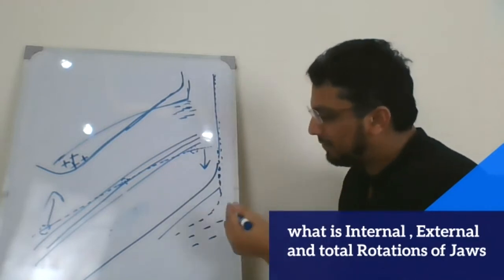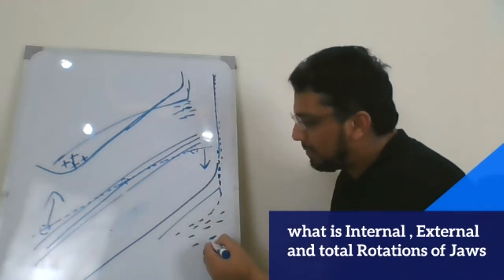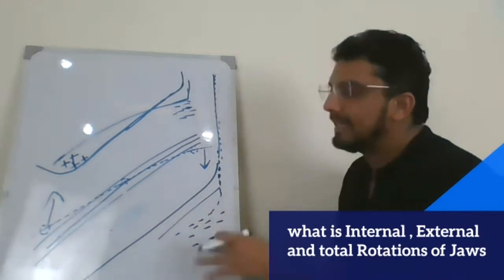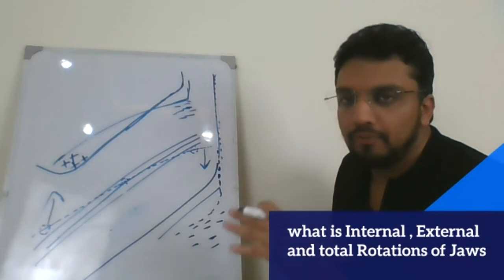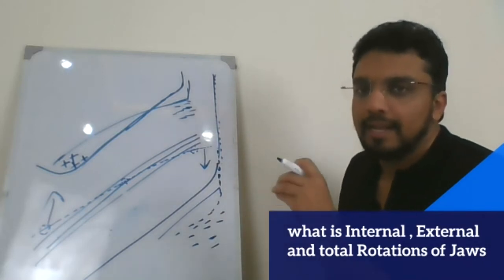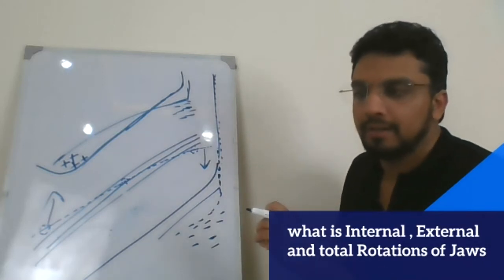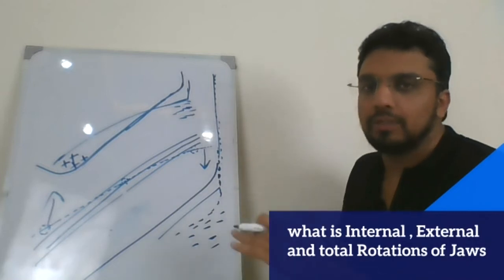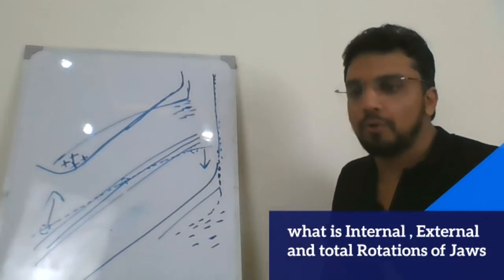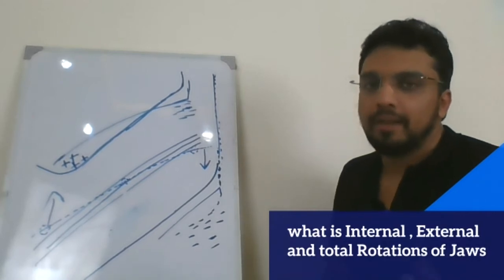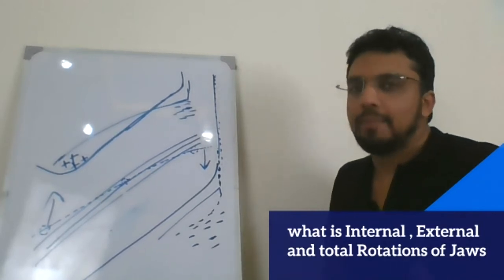But what if you have the resorption of the bone on this area? Then it will cancel out the effect of the internal rotation by the external rotation. So the total outcome and the total appearance of the lower part of the mandible will be described as the total rotation.